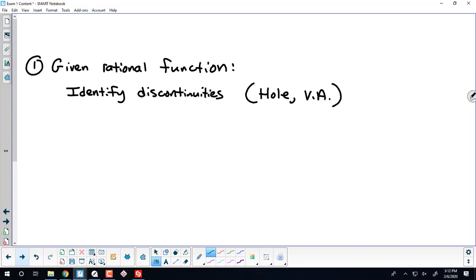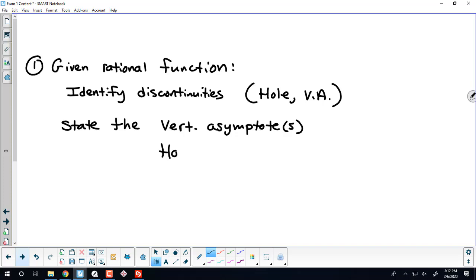Identify the discontinuities, state the vertical asymptote or vertical asymptotes, the horizontal asymptote, and the hole.